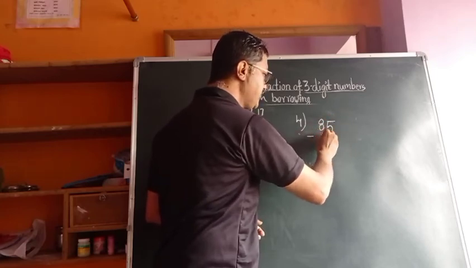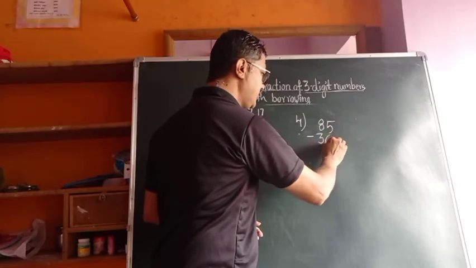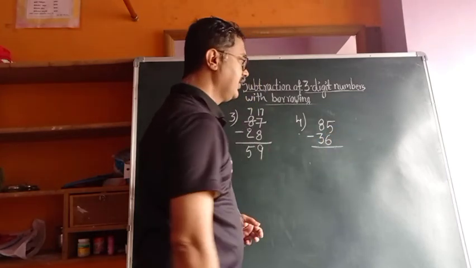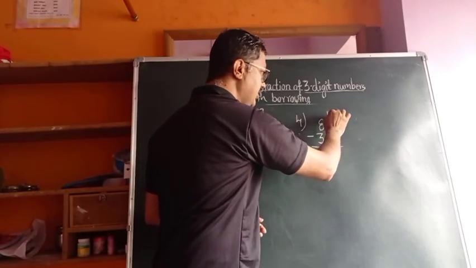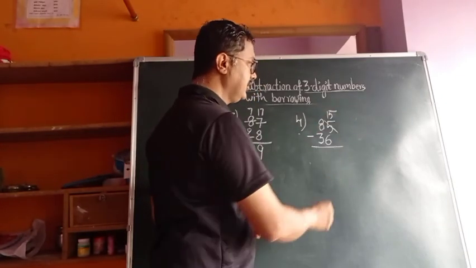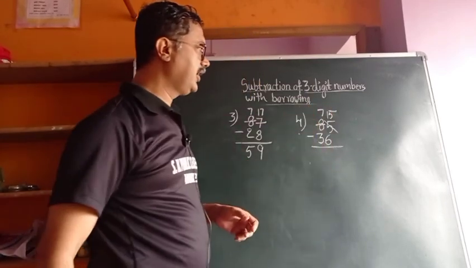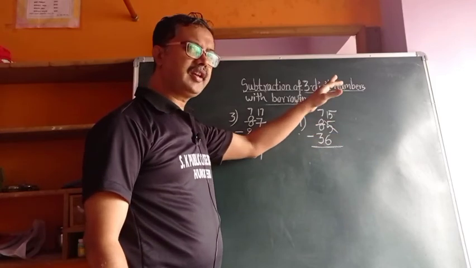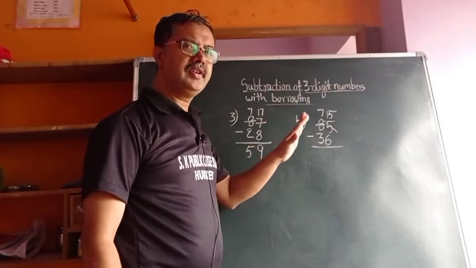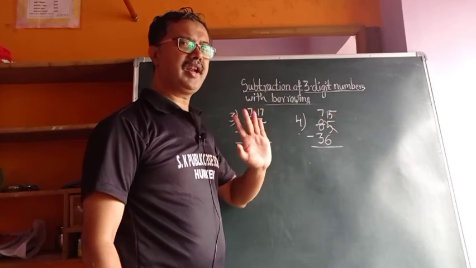85 minus 36. Again you have to strike out this and write here 15, and strike out this number also and write here 7. First you have to strike out and write the new numbers, then afterwards you can subtract.